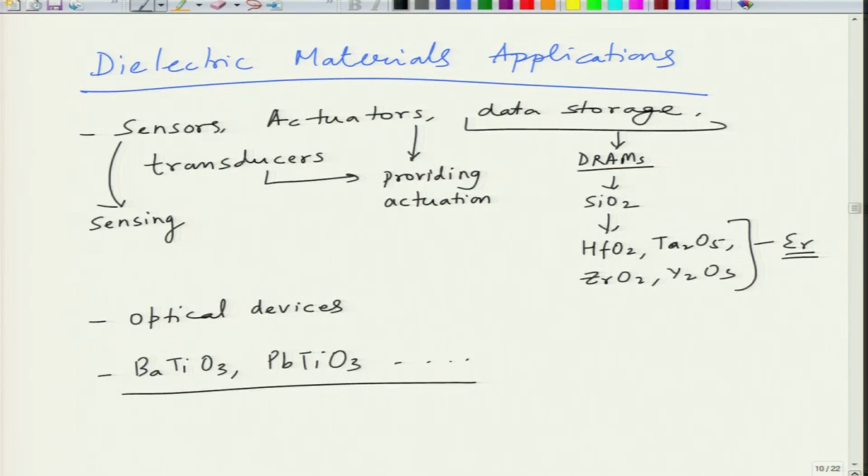So, there are a lot of applications of these materials, and as we go along the course, while describing certain classes of materials, we will look at some of the applications in a little bit detail. So, this is the brief intro of dielectric materials.